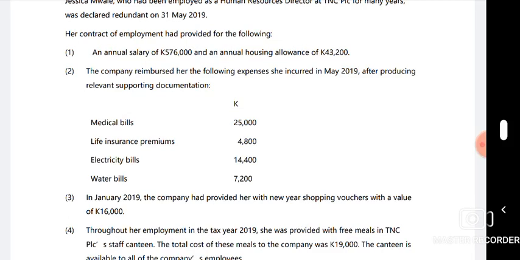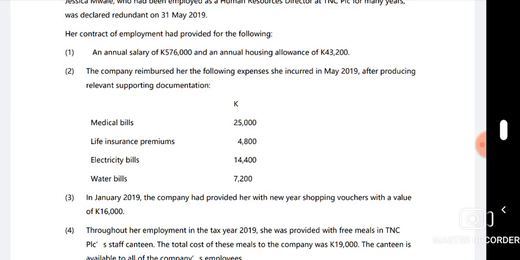So salary is supposed to be taxed, so we have to include it in our computations. So are we just going to get the 576 and just drop it there? No, we will not do that, because they've told us when she stopped, it became redundant. Someone has stopped. That's as of 31st May.